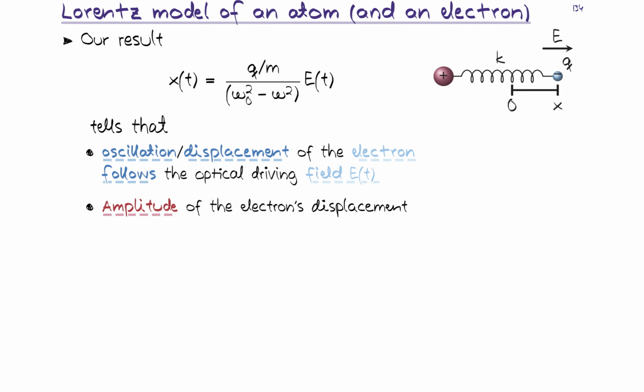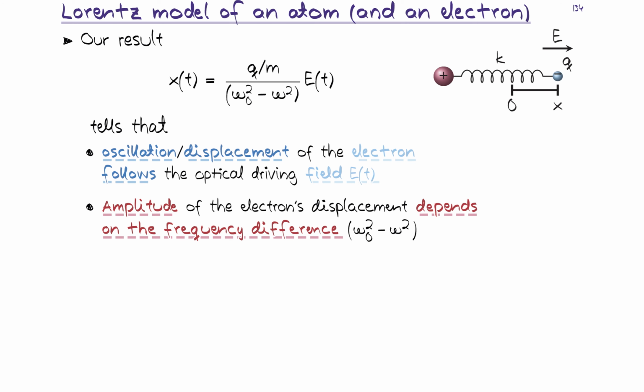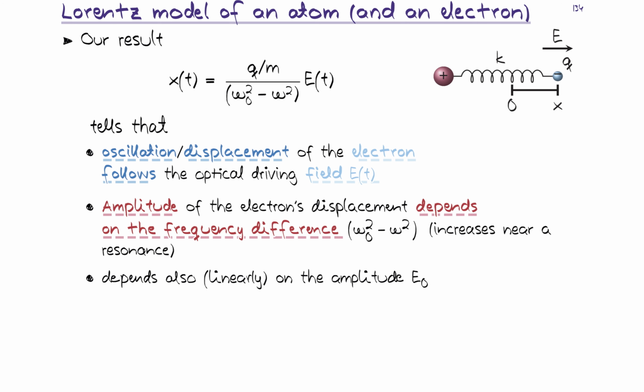The amplitude of the electron's displacement also is seen to depend on the frequency difference, so this term omega naught minus omega squared. Essentially this means that the amplitude increases when we are close to the resonance. It depends also linearly on the amplitude of the field, E naught, and this is good to know, so that the displacement behaves in a very simple manner with respect to the driving field.